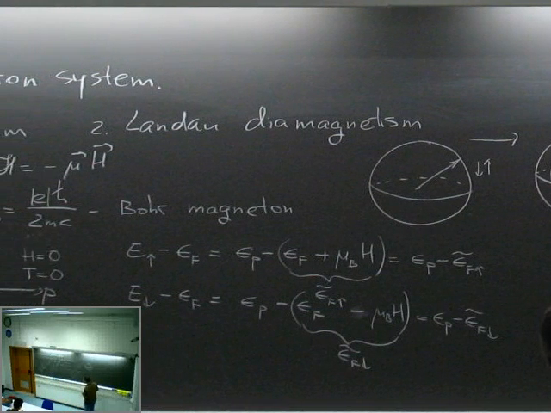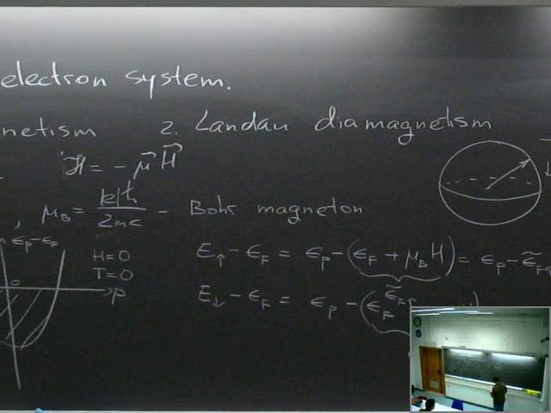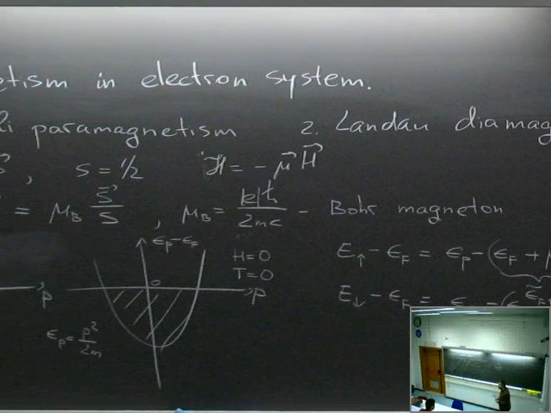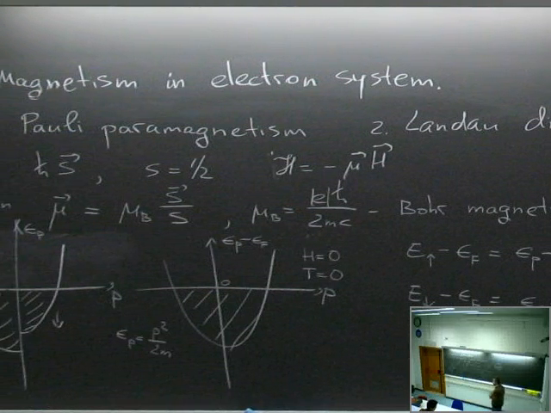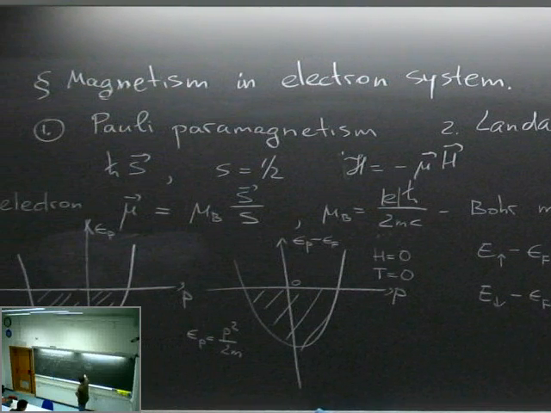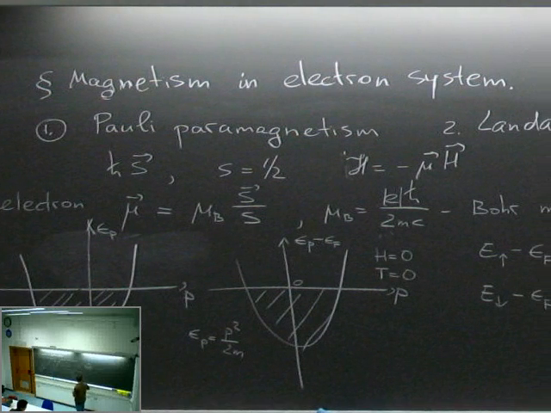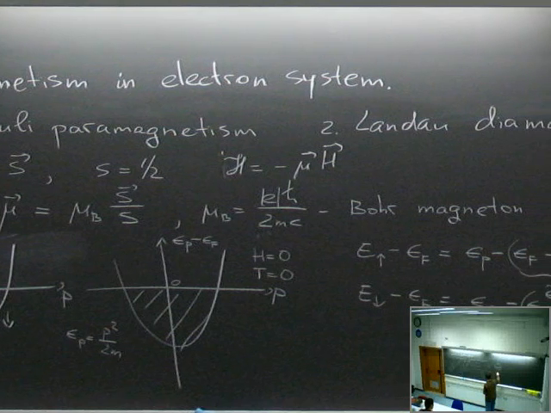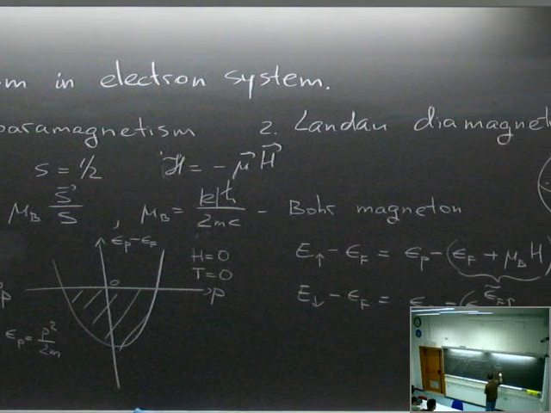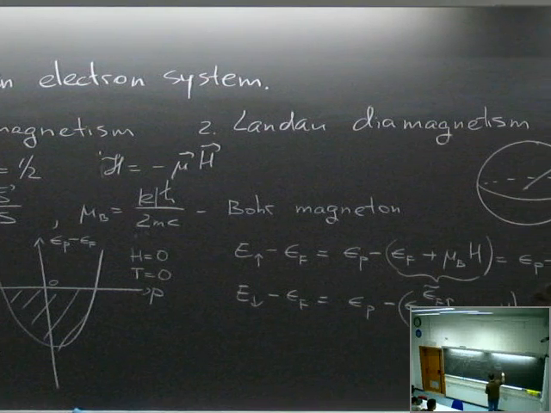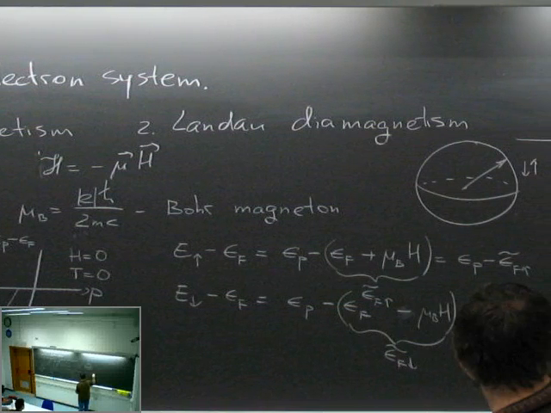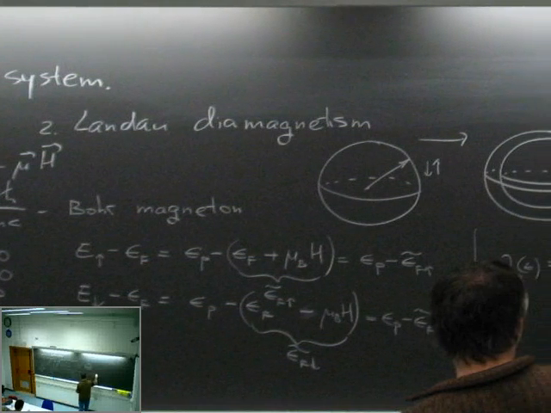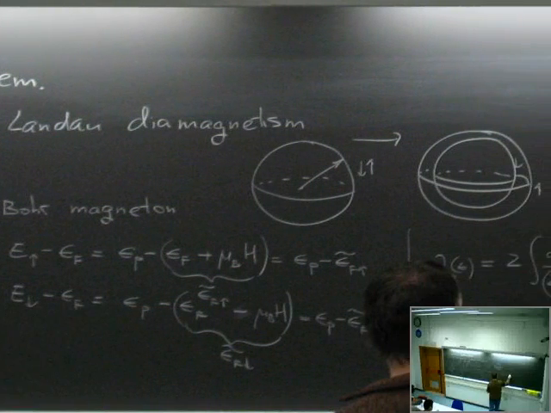So, what is the number of electrons per unit volume characterized by projection? I remind you that last time we introduced a quantity which is the density of states, which was twice the integral over d p over (2 pi h bar) cubed, delta of epsilon minus epsilon p.